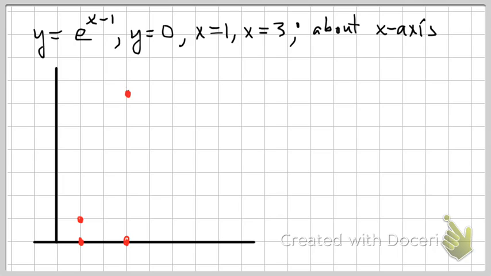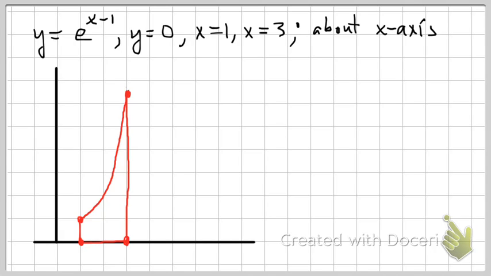All right, if I tried plugging in y equals 0, an exponential will never equal 0, so that doesn't have an intersection. So we've got x equals 1, y equals 0, x equals 3, and then the exponential function makes a curve like that, right? Is this okay?